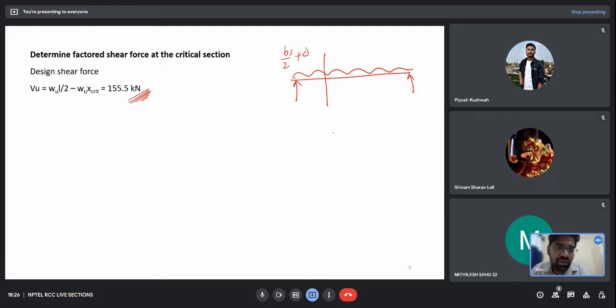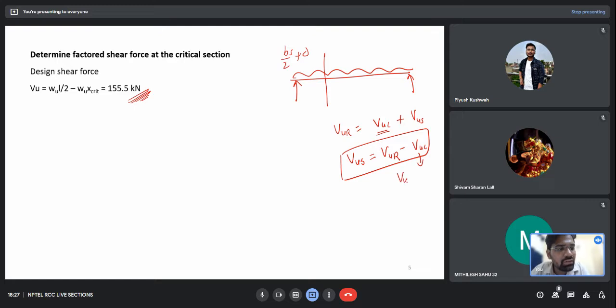Now this is the shear for which I have to provide the shear reinforcement in the beam. The total shear resisted is equal to Vuc plus Vus. Firstly I have to calculate Vuc.